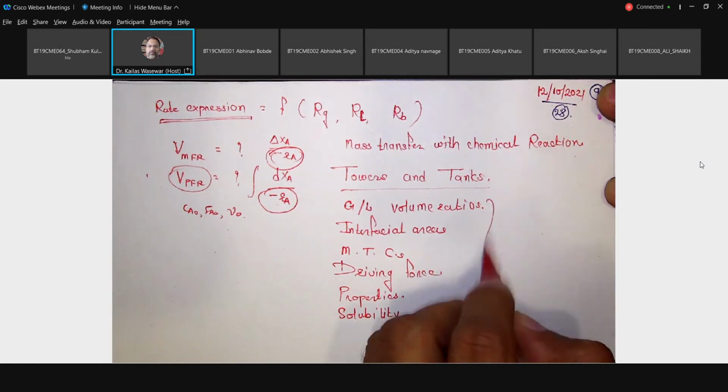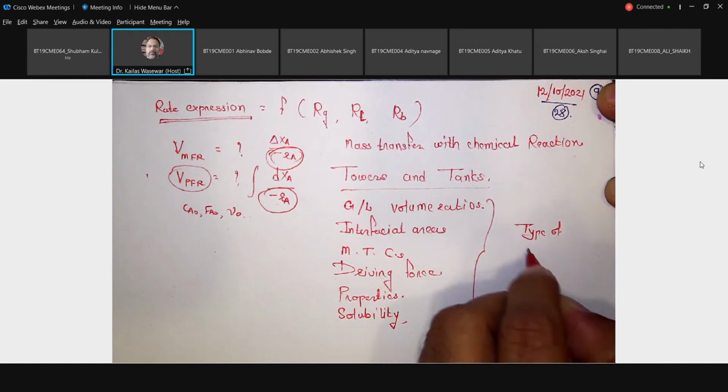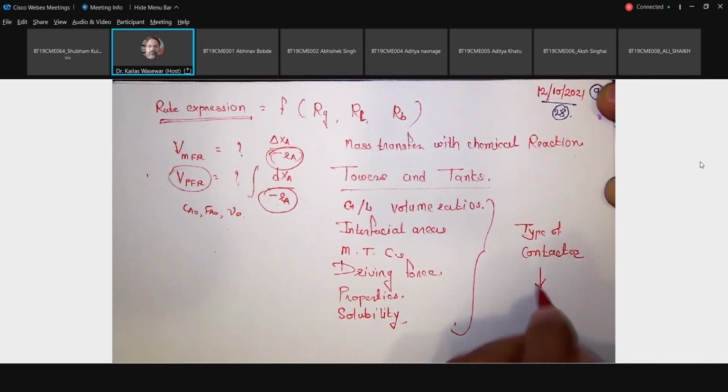Based on this, we may decide the type of contactor, and then go for the volume of the contactor.